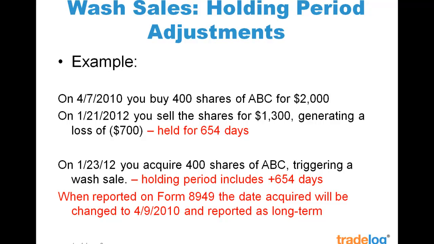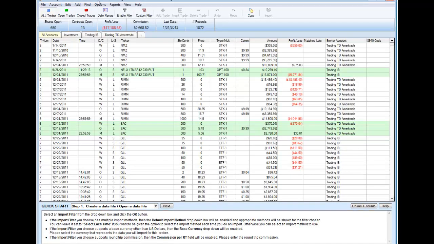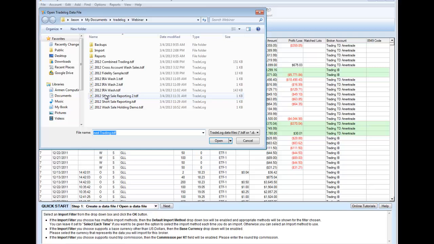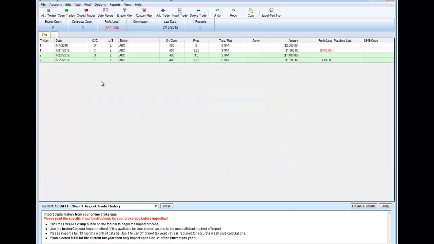So let me show this in TradeLog so you can see what this looks like in an actual example. We're going to use the same situation, the same shares there, and we're going to go to this file. So notice here again, on April 7th, 2010, we have the original purchase. We sold it 2012. We repurchased it again on January 23rd, 2012, and we sold it in February.